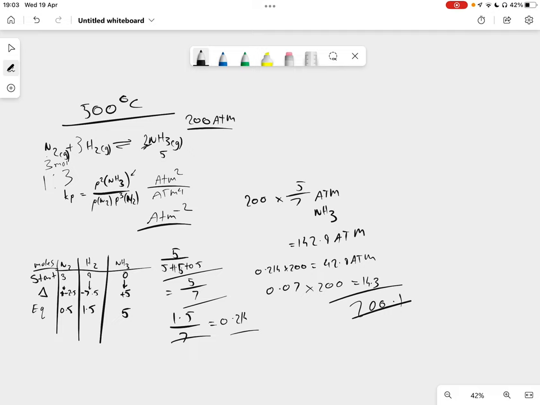So to find out the Kp of this reaction, we use their partial pressures. So the Kp of this reaction is going to be 142.9 squared all over 14.3 times 42.9 cubed.